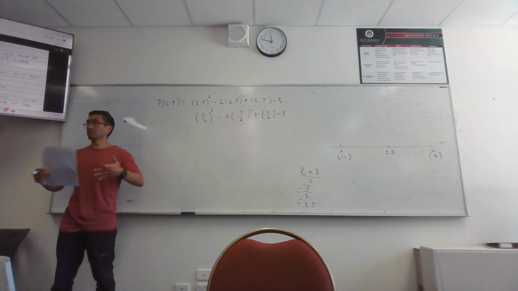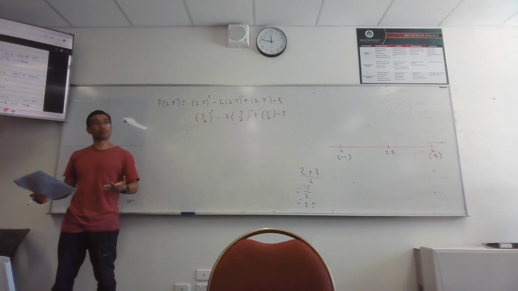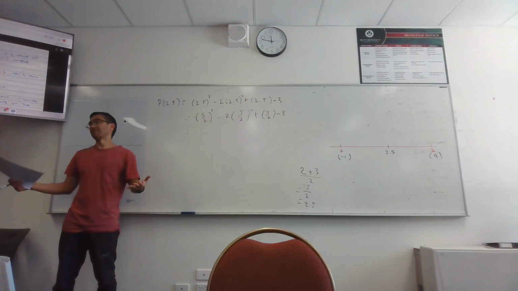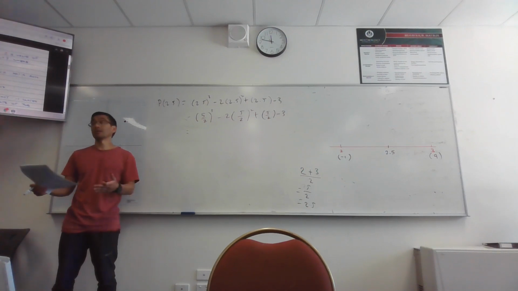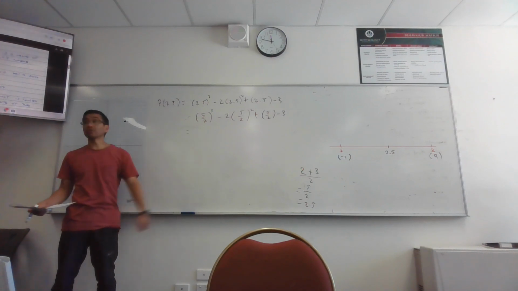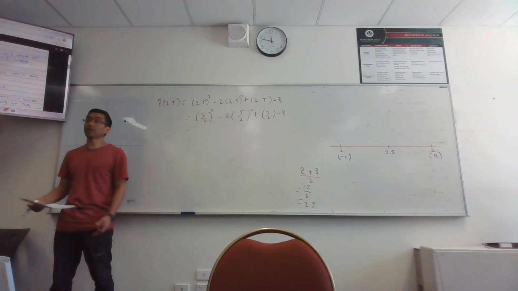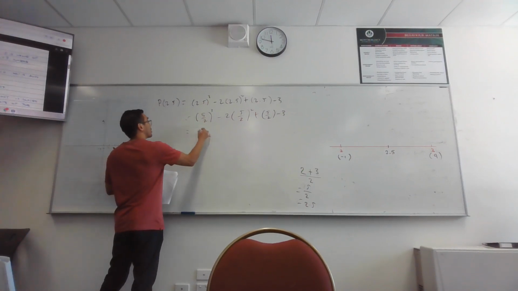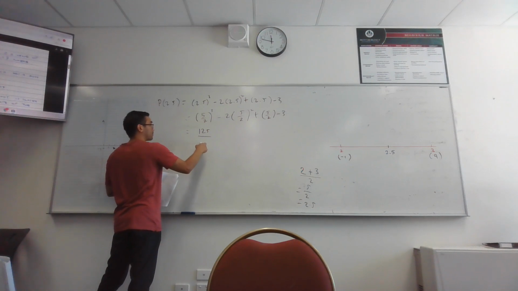This is good practice for us because in exam 1 next year, you've got a lot of fraction stuff and you've got to be able to do that and be confident in your own ability without a CAS in your hand. 5 on 2 cubed, what's that going to be as a fraction? 125 over 8.